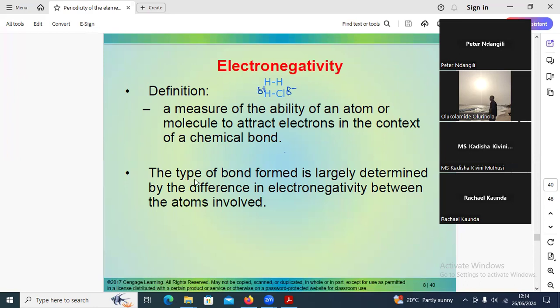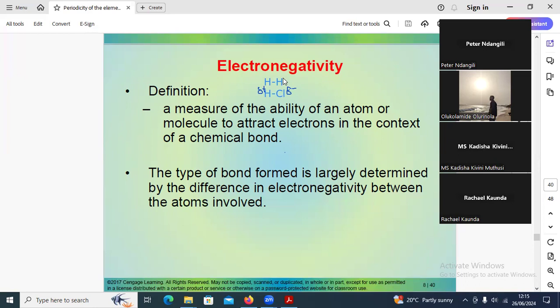And that's why we are saying that the type of bond formed is largely determined by the difference in the electronegativities of the atoms that are involved in the bond. When the difference is large, then we have a polar covalent bond. When the difference is small, then we have a non-polar covalent bond.